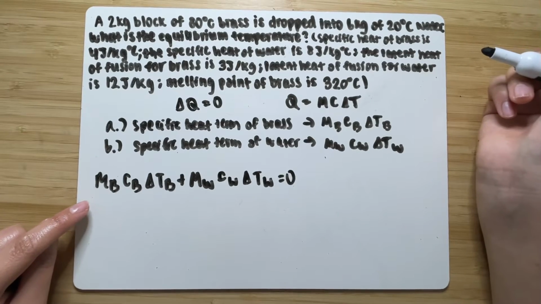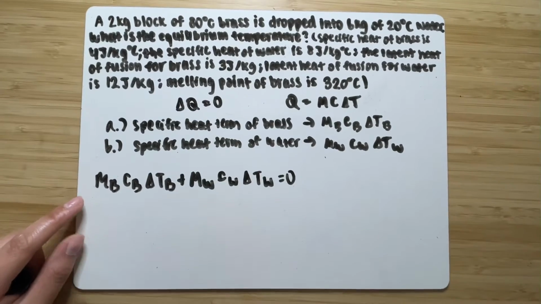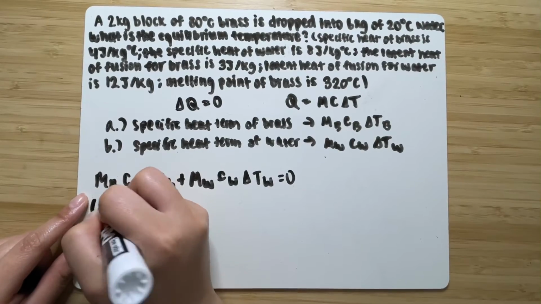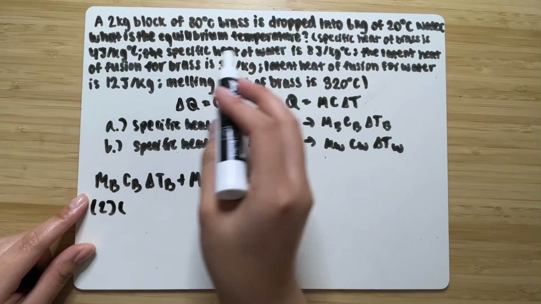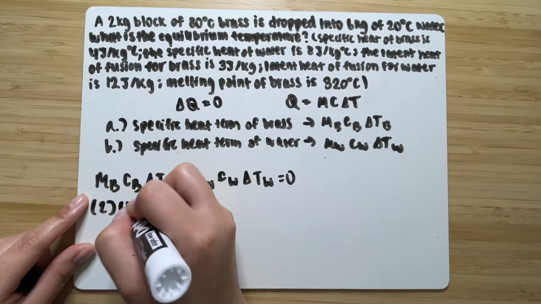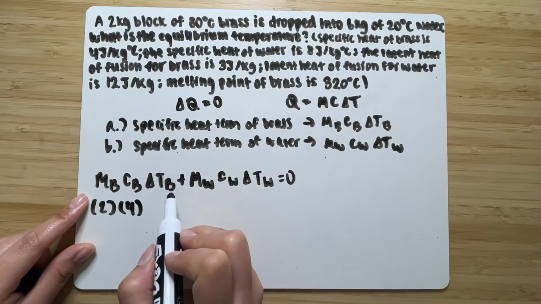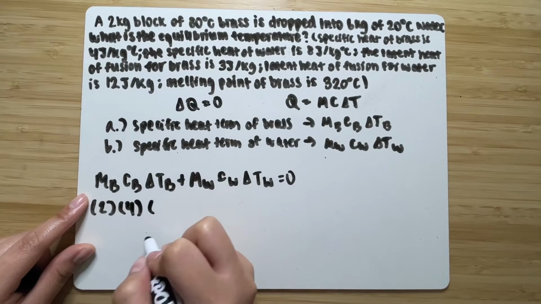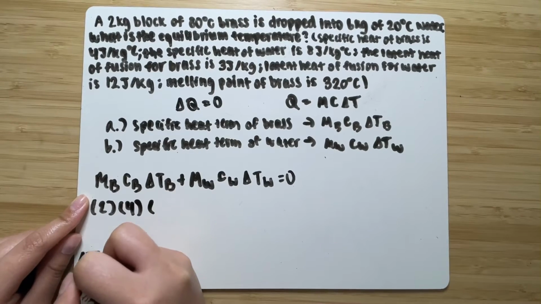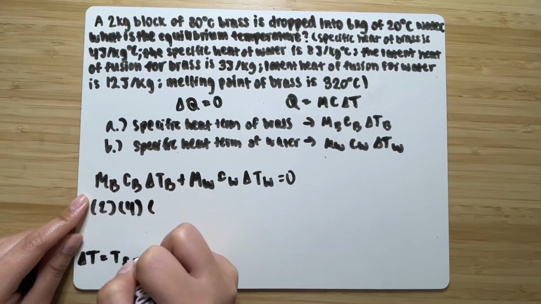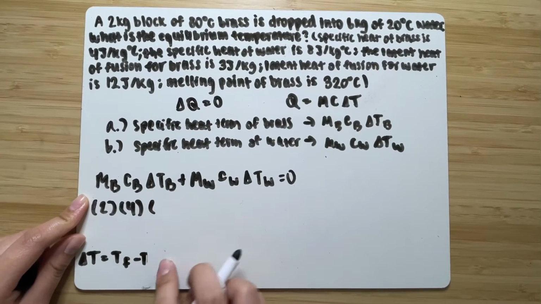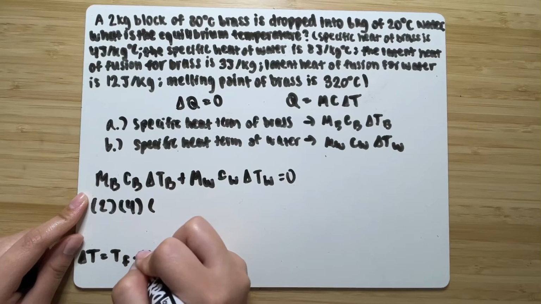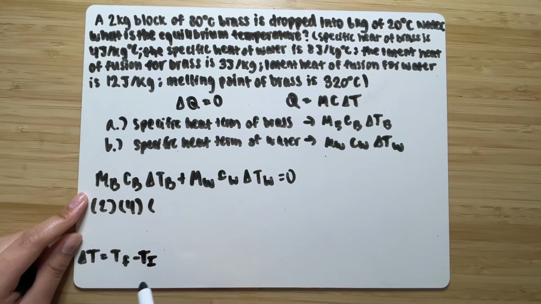Now we plug in what we know. We know that the mass of the brass is 2 kilograms. We know that the specific heat of brass is 4. The change in temperature of brass would be T sub F minus T sub I, final temperature minus initial temperature.